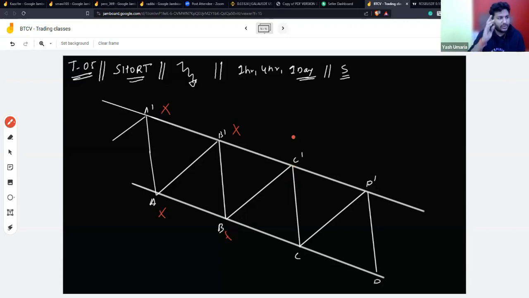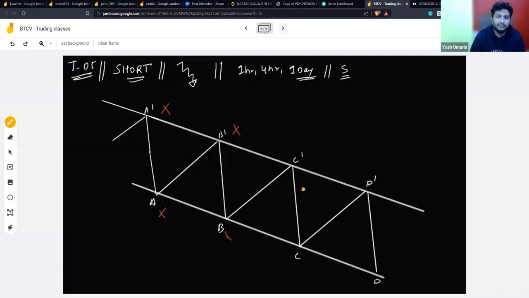If you understand what you are doing, if you understand that this might convert into a channel, then you can take a trade on C dash also. So C dash is also a correct answer. But if you don't want to take a risk, if you want to be 100% confirmed, 100% right about your trade, then the answer is D dash. Okay, but very good, everyone.